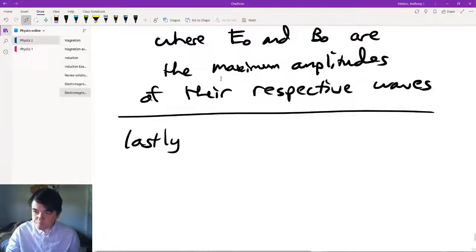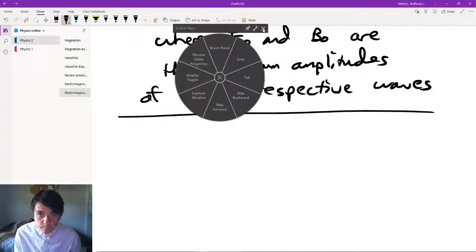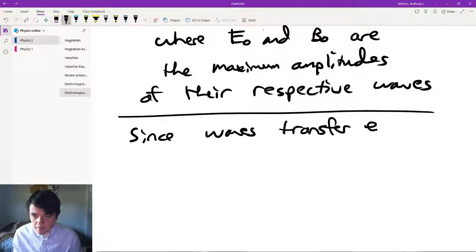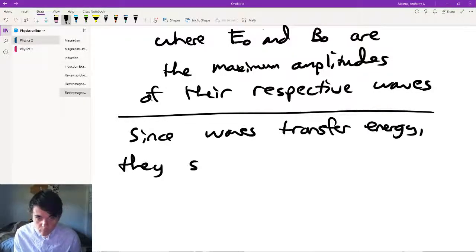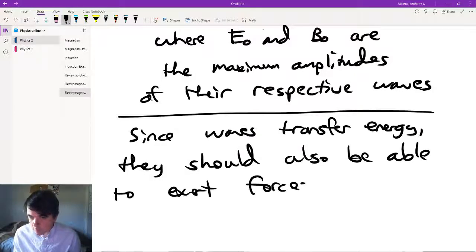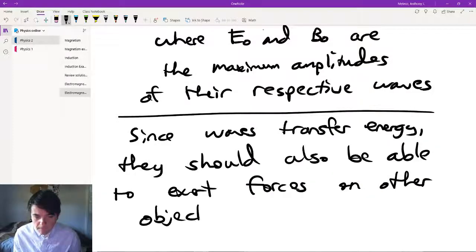Now, since waves transfer energy, they should also be able to exert forces on other objects, and they do.